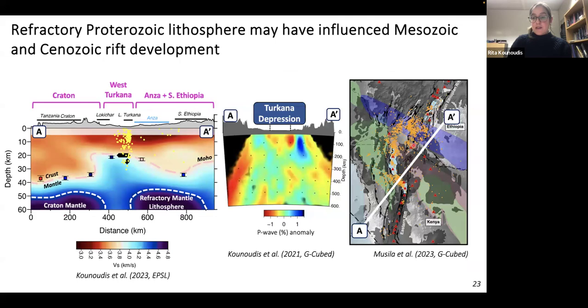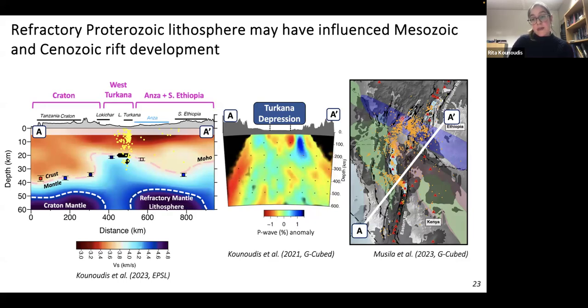But another interesting observation to come out of these results is southern Ethiopia. So a little bit to the north of that, where all of the seismicity suddenly becomes very distributed. What we can see there is that we also have some quite fast wave speed mantle, just to the north in southern Ethiopia. And we can see it in the body waves as well as the surface waves. There's this really prominent fast wave speed anomaly going to about 200 kilometers depth.